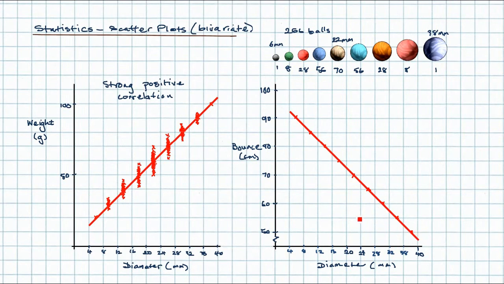So what we're going to do now is simulate the spread of data, and this time what we want is a weak correlation. So let's say that we're talking about this 22mm ball here, the average size in the 20 to 24 class interval. Let's say we have a spread of, let's halve this, so a spread of 35 centimeters either side this time.